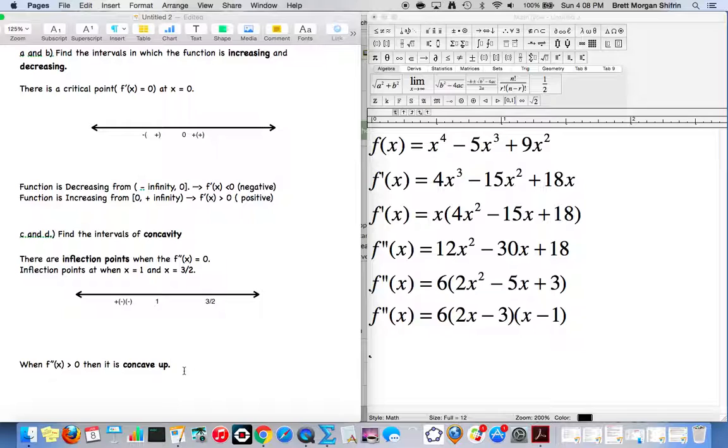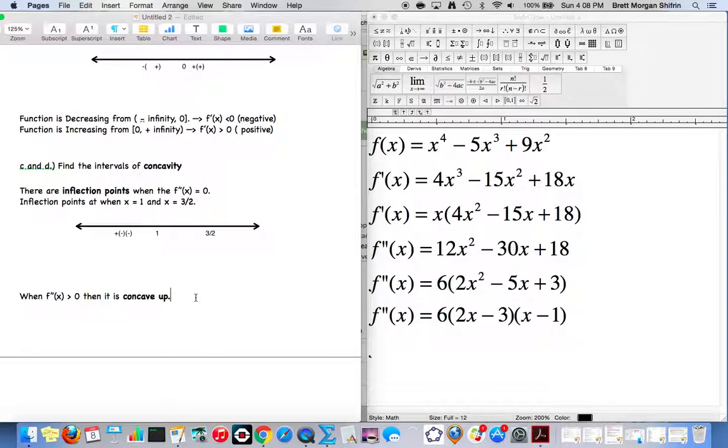And so that means that it's concave up on the interval. Let me just create some more space up here. On the interval from negative infinity to 1.